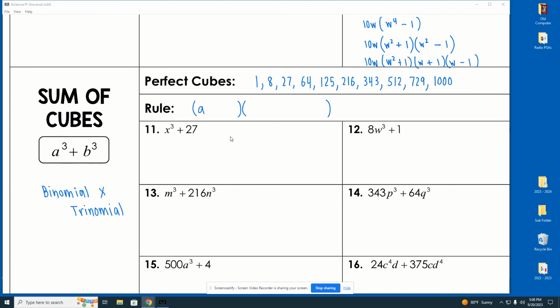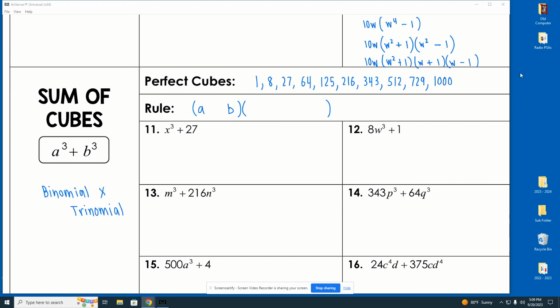So whatever that value is that's being multiplied, for example for 125, if 125 was that perfect cube, what is the number that multiplies by itself 3 times to get it? It'd be 5. 5 would go right here, okay? And then in this other spot, you've got the number that multiplies by itself 3 times to get b cubed. So that's going to be b. So your binomial is made up of a and b.